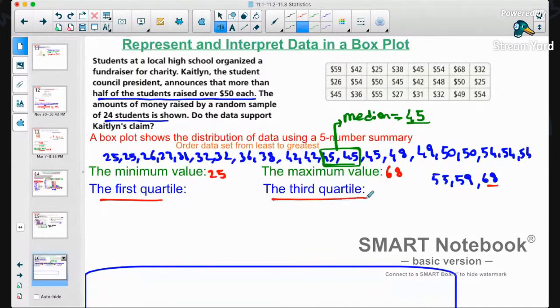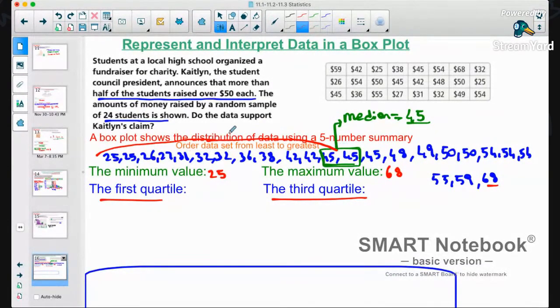Now we need to find first quartile and the third quartile. How am I going to find the first and the third quartile? To be able to find the first quartile, you need to get left part of median. You need to find the median in the lower part. We call this lower part. Lower part means the left side of the median.